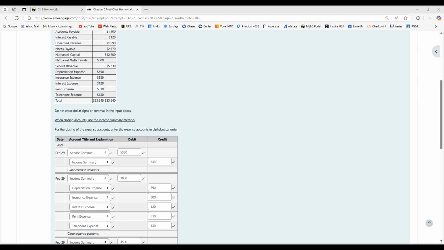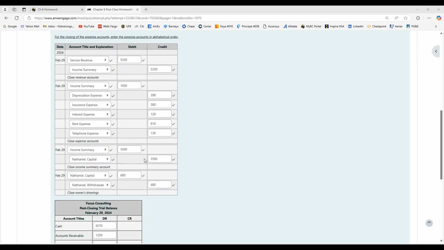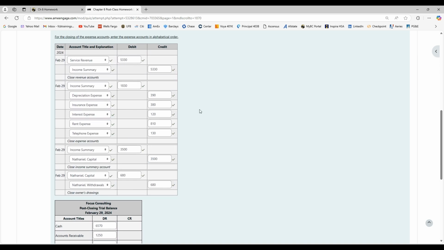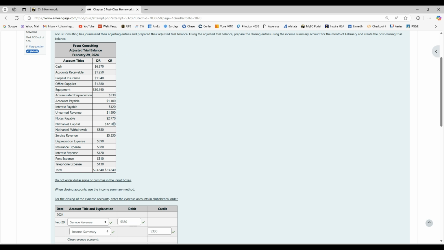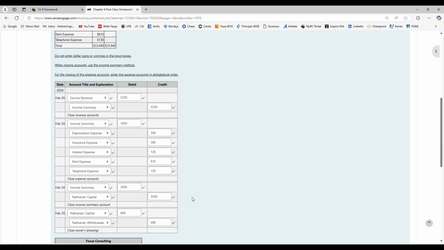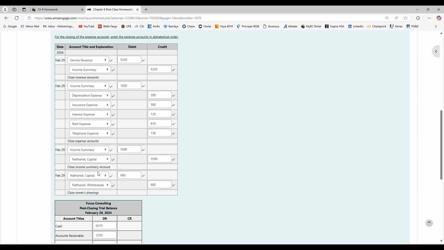Remember, capital has a credit balance, so we're crediting capital here and it's going to increase. Then we're going to decrease capital by 680, which gets us a total of 15,020. That's the beginning balance of 12,200, plus 3,500 credited to increase it, and then minus 680 with the debit to reduce capital.